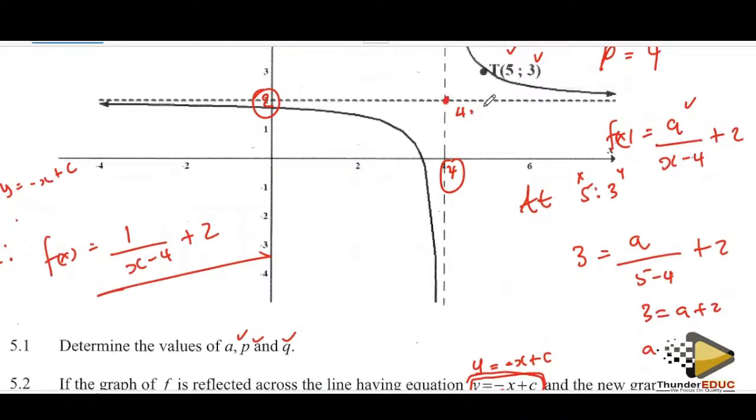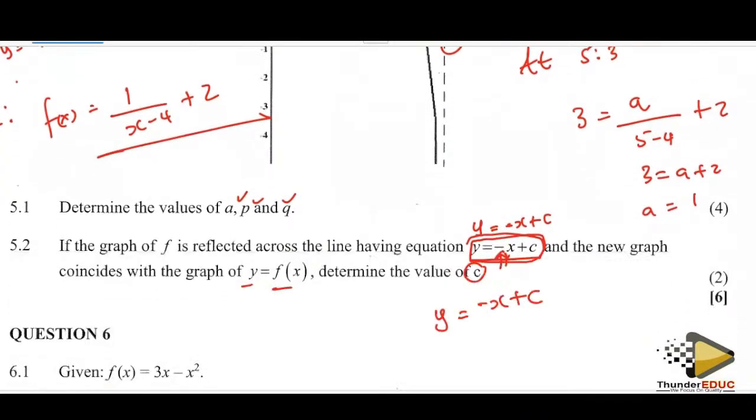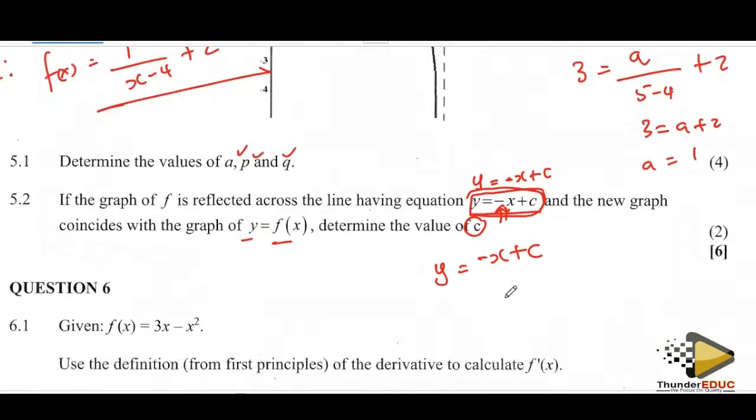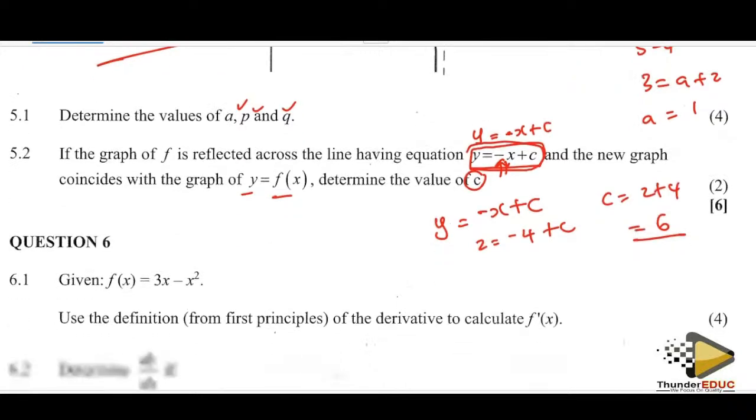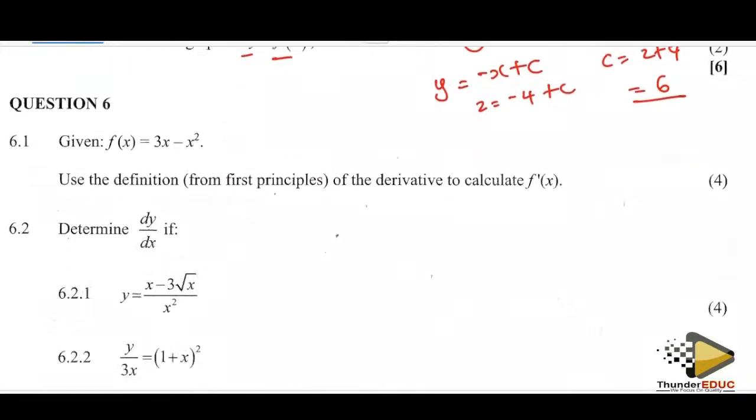This is 4, that is a 2. Substitute that, get your c. So where there is y, I'll put a 2, and that is negative 4 plus c. Move the 4 that side, c becomes 2 plus 4, and then that becomes a 6. So indirectly, they wanted you to find the axis of symmetry.